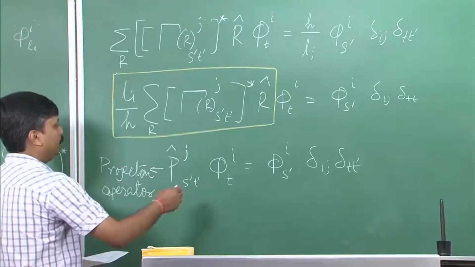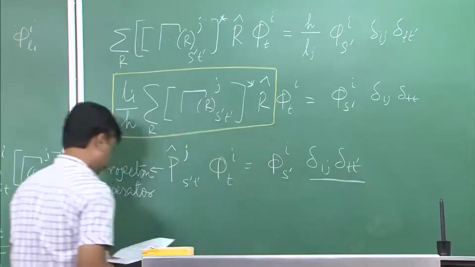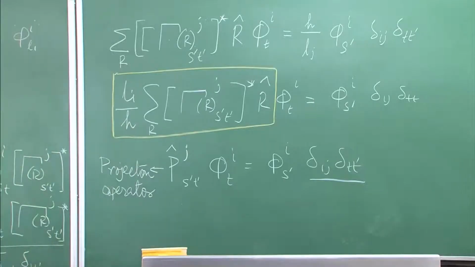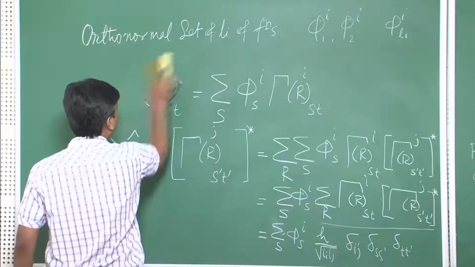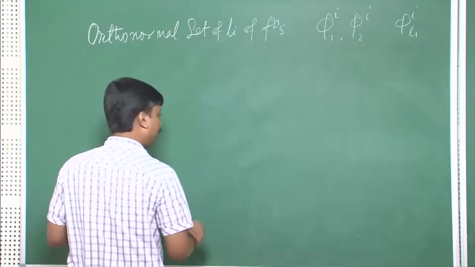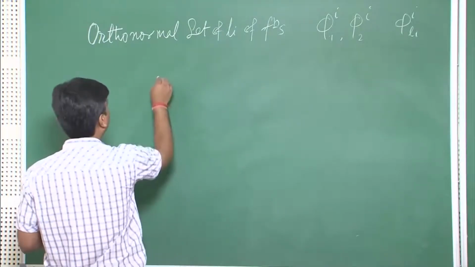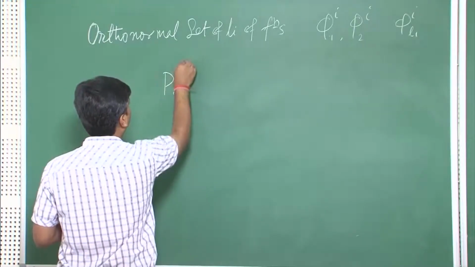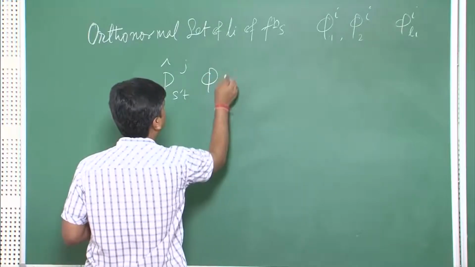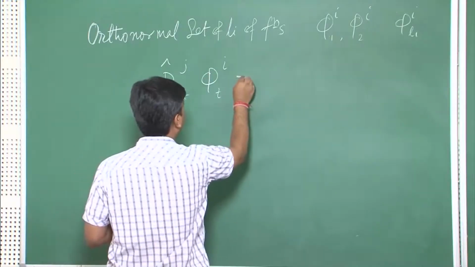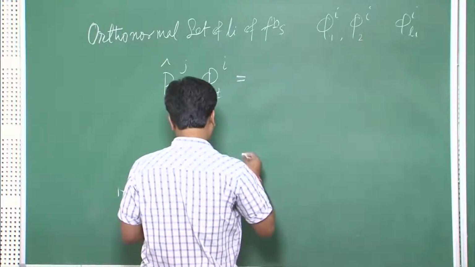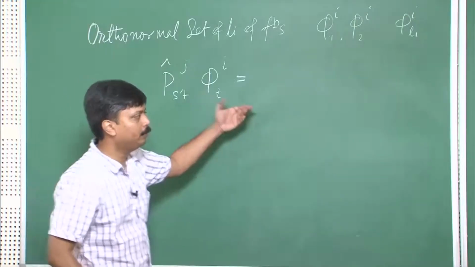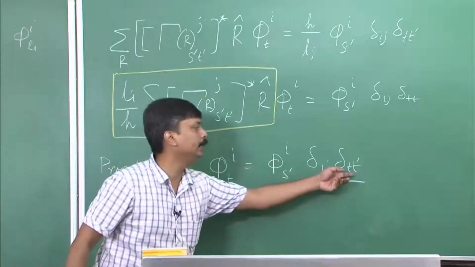All right. So ultimately, by taking care of these delta functions, what I can write is this. So therefore, what I can write is P of j acting on a general function, any arbitrary function phi t, which will give me ultimately phi t prime if I take care of this delta t t prime.